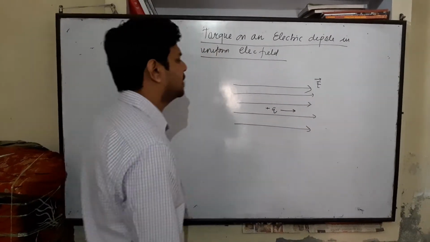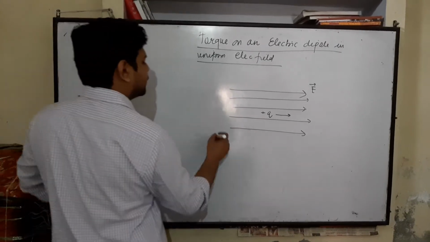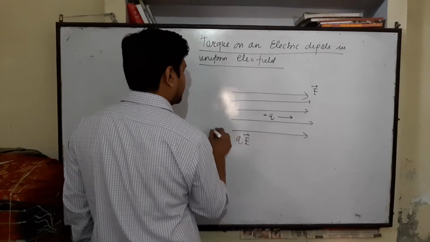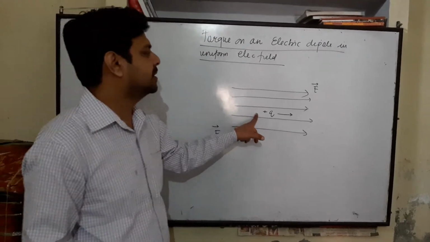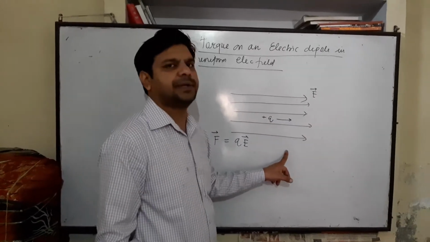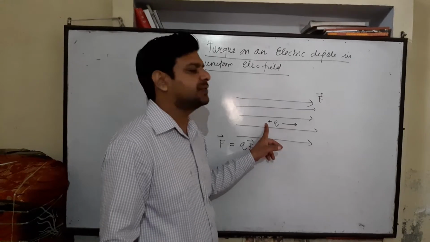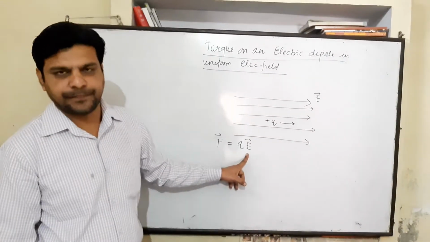The force is given by F equals QE. If we place a positive charge in a uniform electric field, this charge will experience some force in the direction of the electric field.